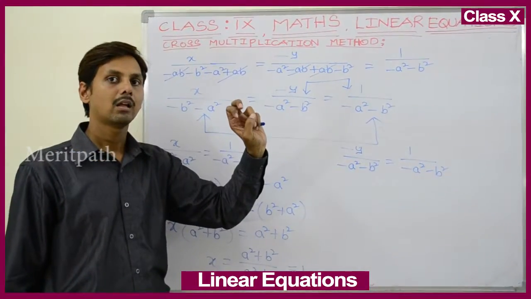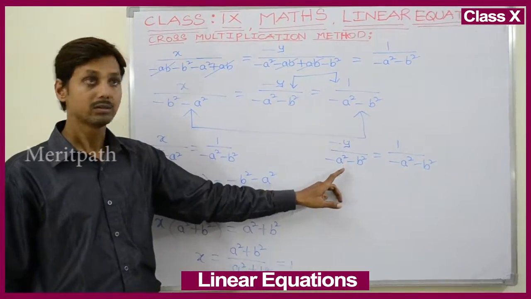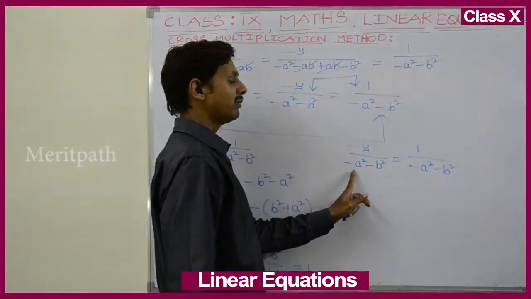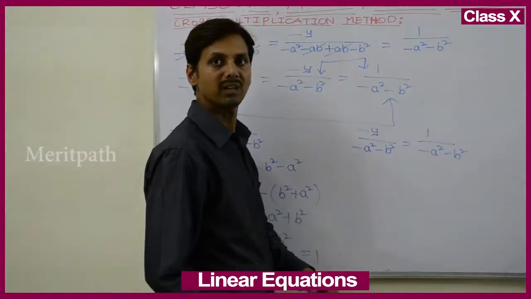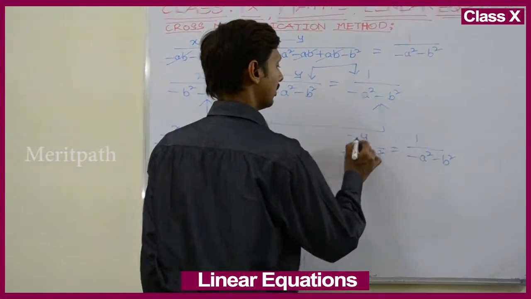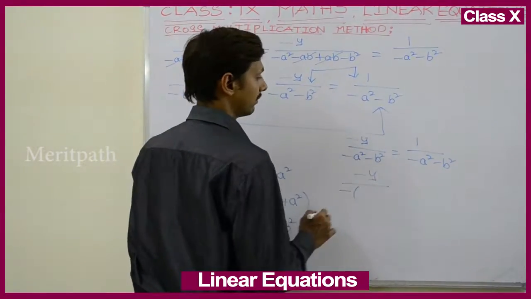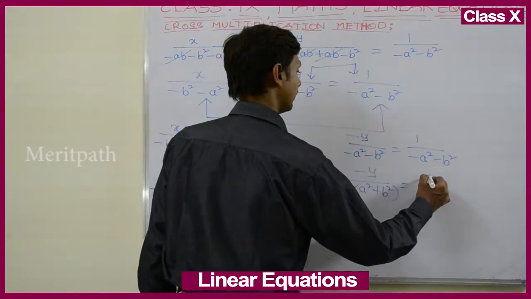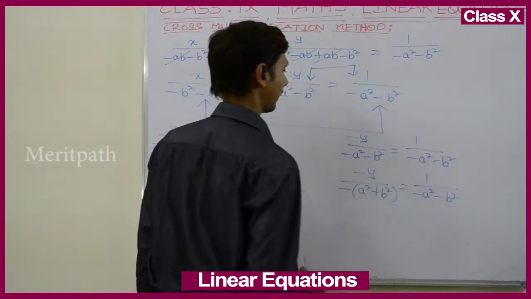That is, when we cross multiply this, we will get the values. So here we get a minus value. So minus y by minus a square minus b square equals 1 by minus a square minus b square. When we simplify this, taking the minus value common, minus (a square plus b square) equals minus a square minus b square.